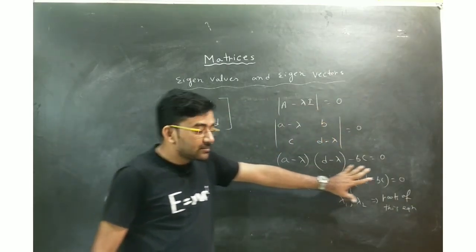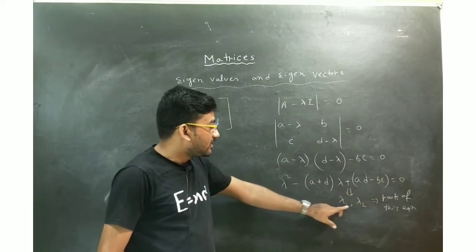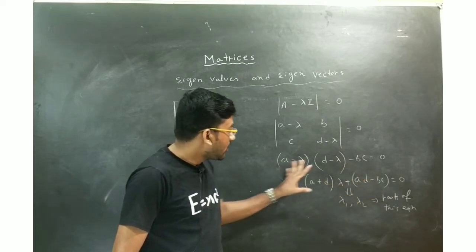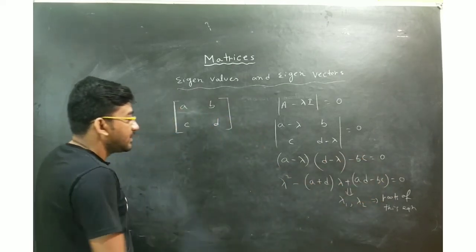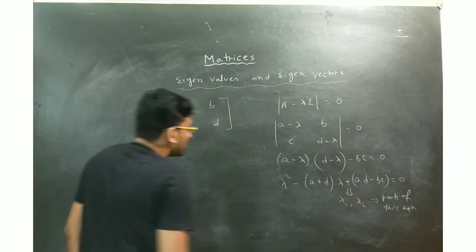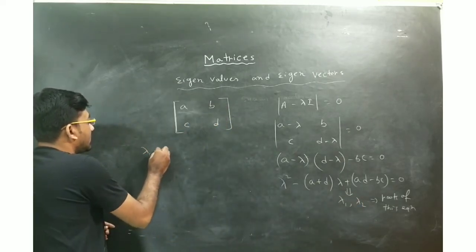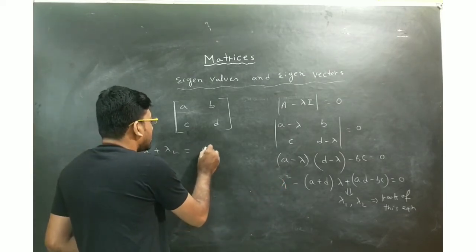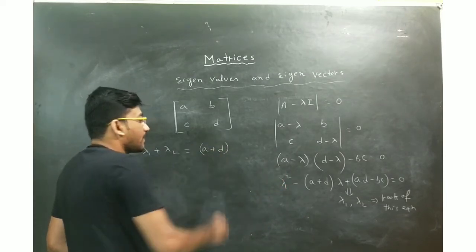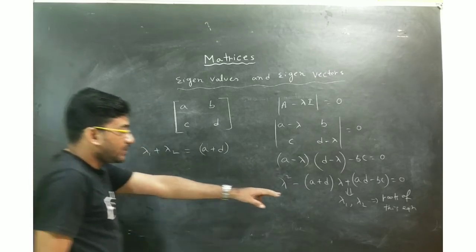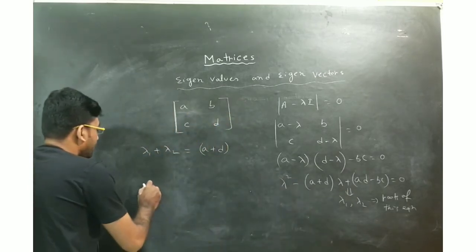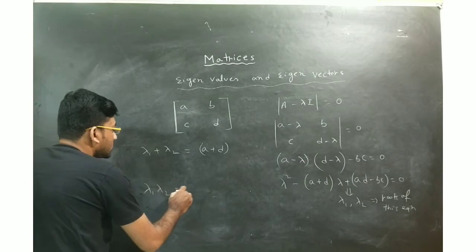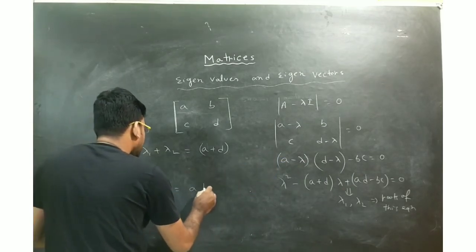Let me suppose that lambda 1 and lambda 2 are the roots of this equation, and if you observe this equation, you can see that the sum of these roots, that is lambda 1 plus lambda 2, is nothing but A plus D. Similarly, if you find the product of these roots, lambda 1 lambda 2, that is nothing but AD minus BC.